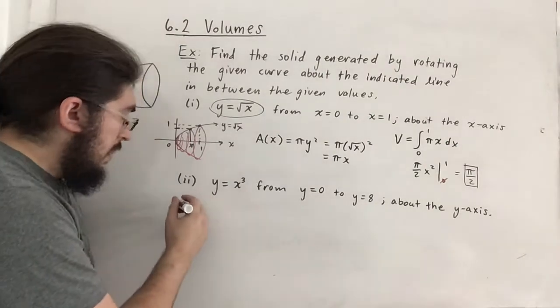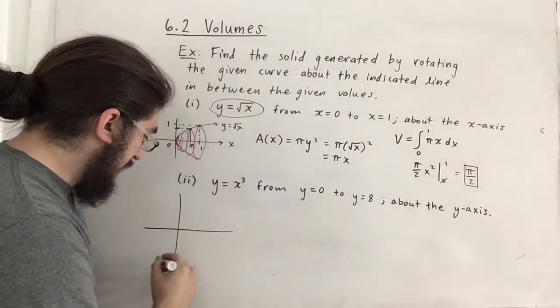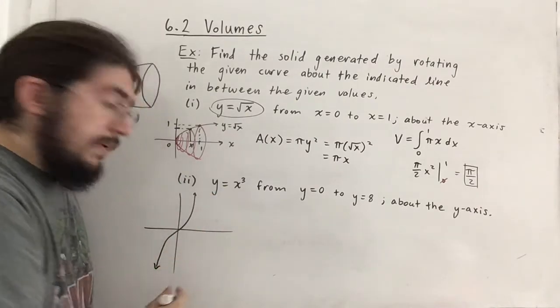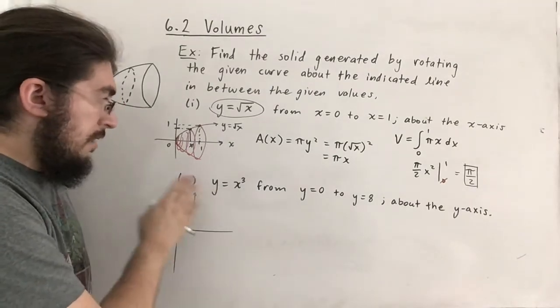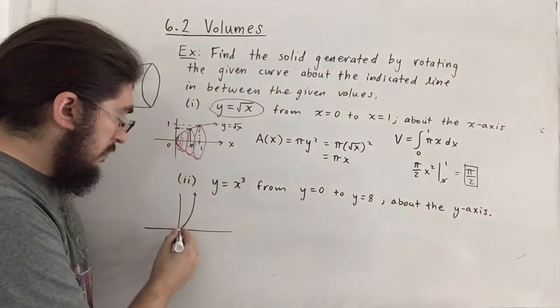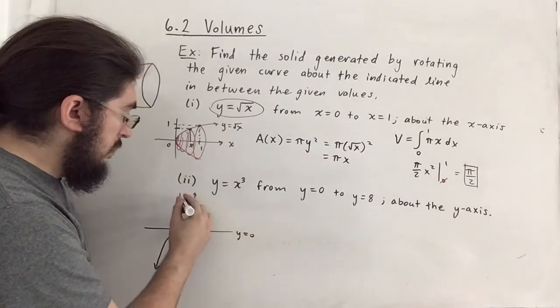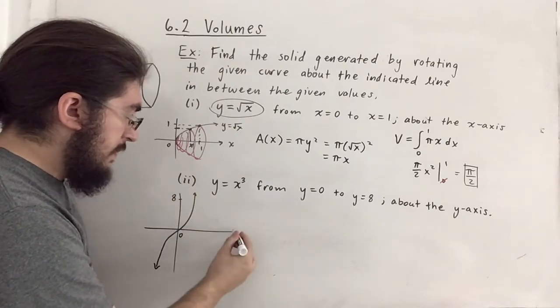So now, here we're rotating this curve, which I can graph like this if you like. y equals x cubed looks something like this. But we're rotating it about the y-axis now from y equals 0, which is just the x-axis, to y equals 8. Maybe this is a better way of describing that.